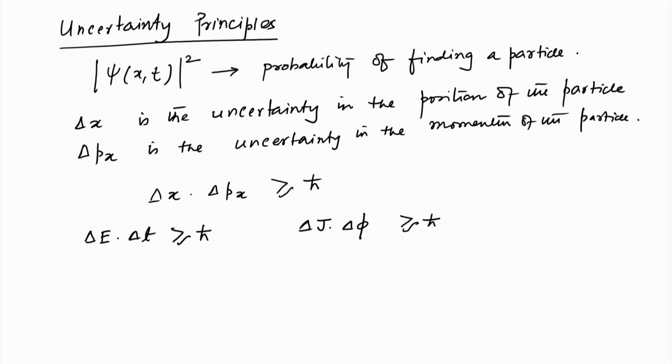to calculate these things. Just a small demonstration, or rather explanation, of how one can find these uncertainties, or prove them for a given case. Suppose one has a wave function which is given by psi of x. It could be a function of t also, but let us just put the time equal to 0.